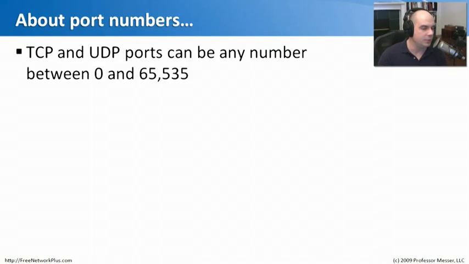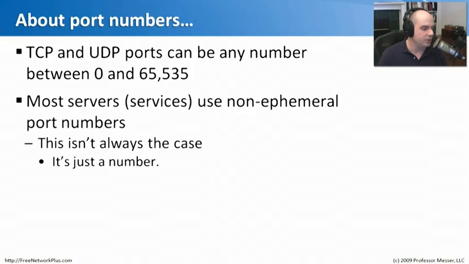The idea is that these port numbers are used to communicate to a service on another machine. Now, most servers, like web servers, will use these non-ephemeral port numbers or permanent port numbers, but that's not always the case. Port number 80 isn't always a web server. It's just a number. We're just choosing a number.